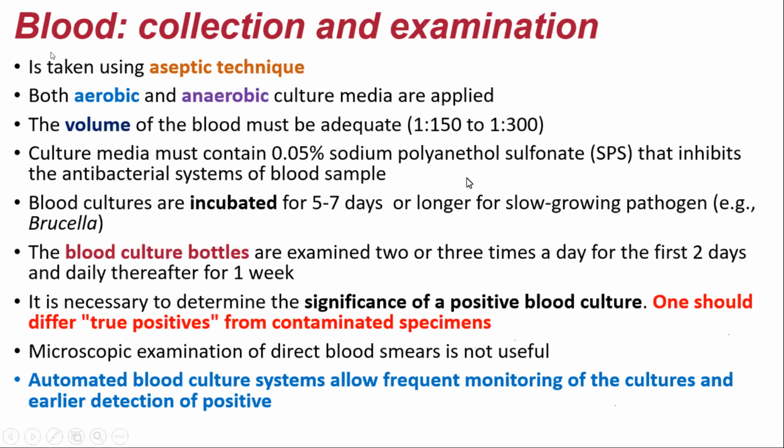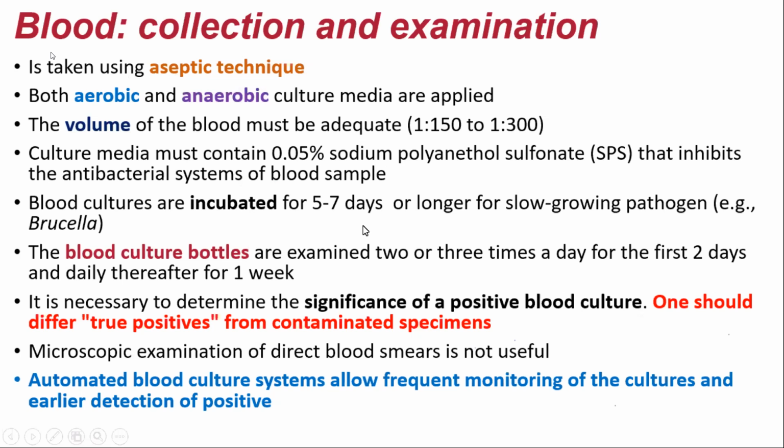Well, an additional action against innate immunity mechanisms in the blood sample is made by adding sodium polyanethol sulfonate, SPS, to culture media. Then the bottle or 2 bottles inoculated must be placed in the incubator for up to 1 week.